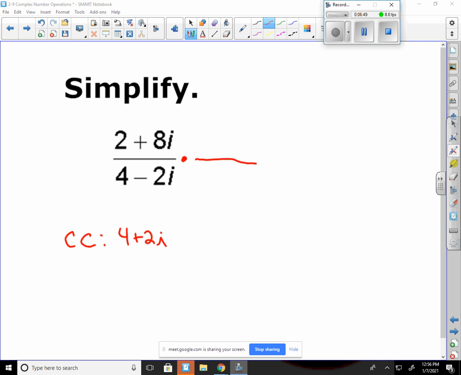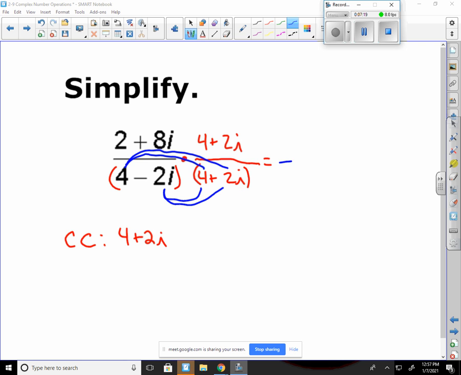So then I multiply both the top and bottom by 4 plus 2i. Now we learned yesterday that if we do something like this, we have to distribute the 4 to each term, and then the negative 2i to each term. And then we're going to have to do the same thing on top.